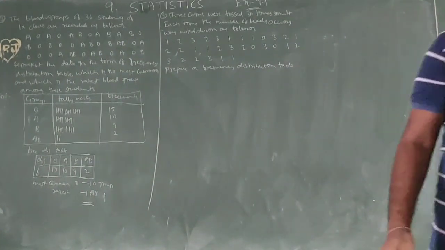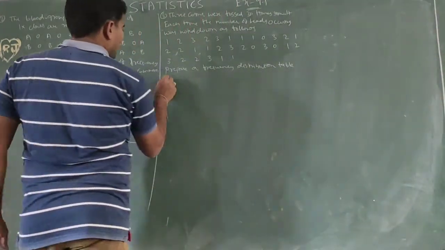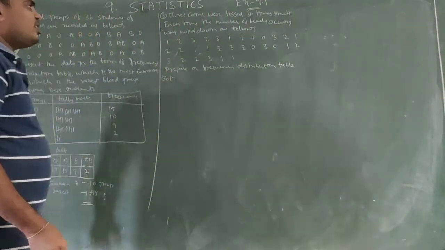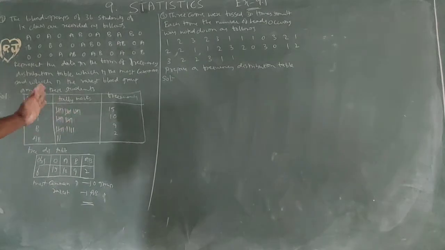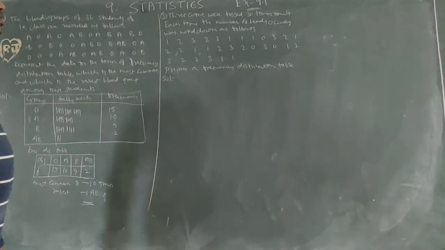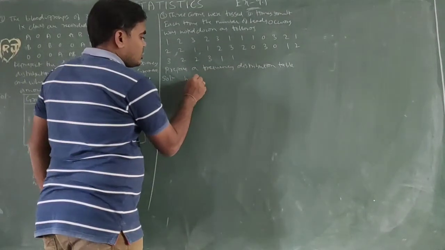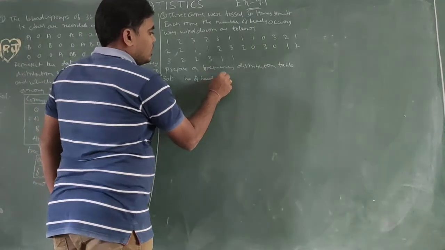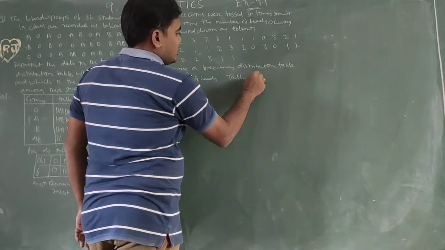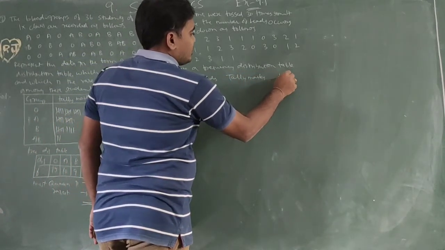Okay. For this problem's solution, again to prepare the frequency distribution table, I am taking tally marks. So number of heads, tally marks, frequency.